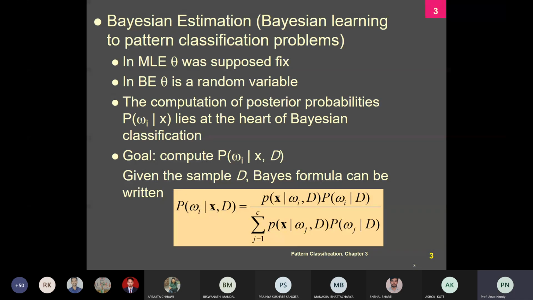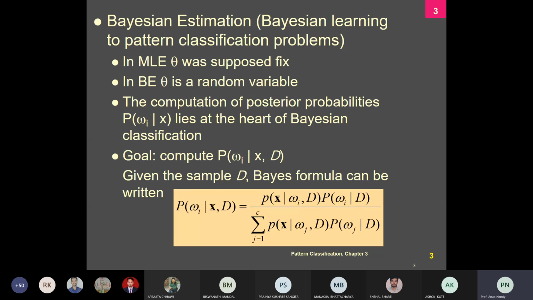In general, when estimating the parameter using the Bayesian formula, only if the prior probabilities and the class conditional density function are given can you compute the posterior probability.